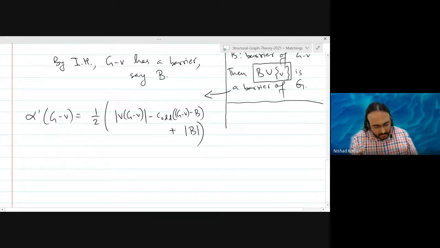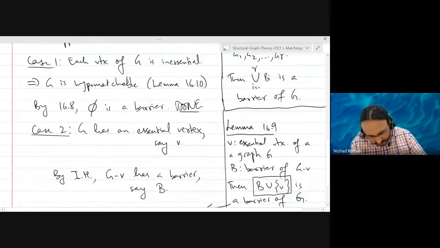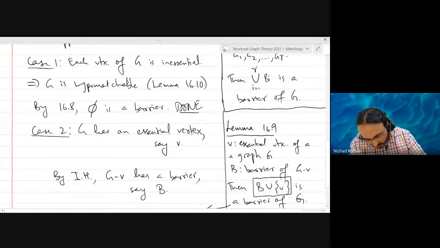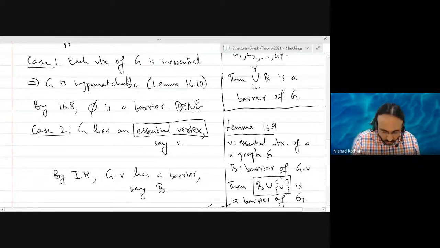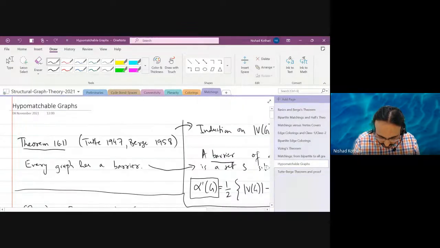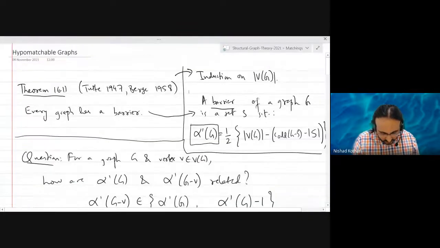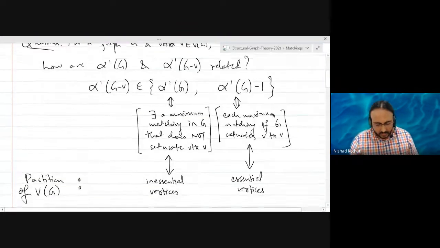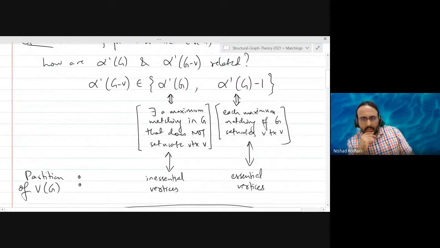But remember, this is an essential vertex. Let's go back to how we defined these things. We defined essential and inessential vertices yesterday, and here is how we defined them. An essential vertex is one where, when you delete it, the matching number goes down by one.